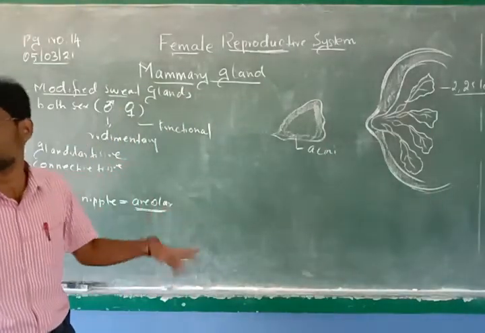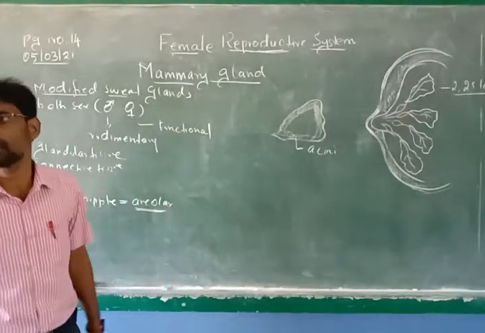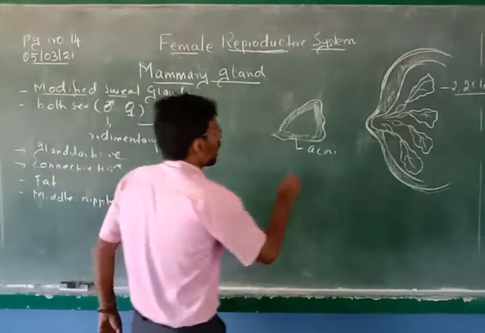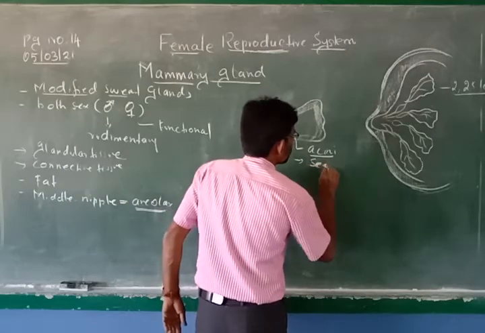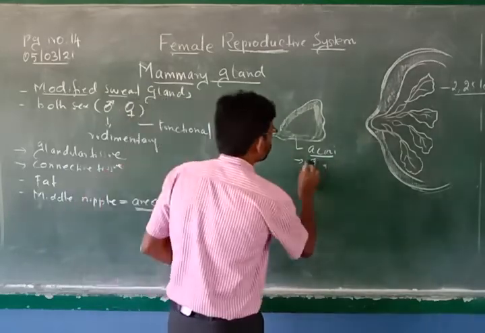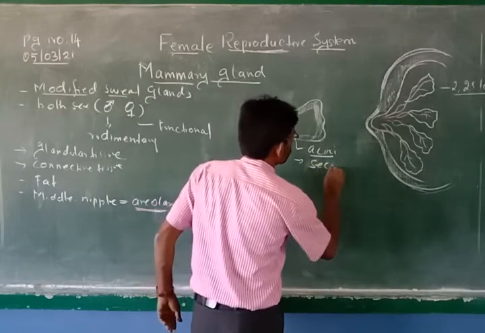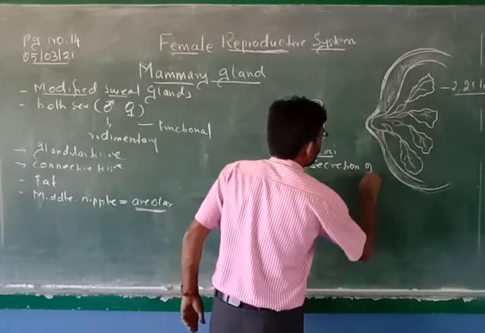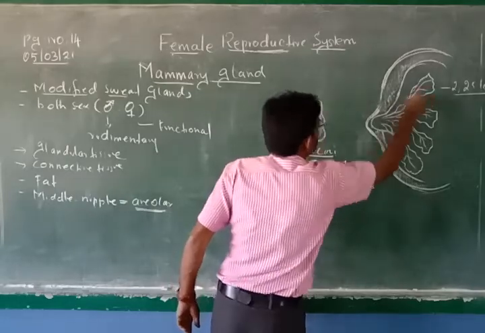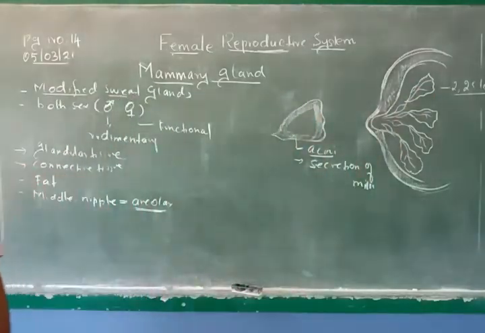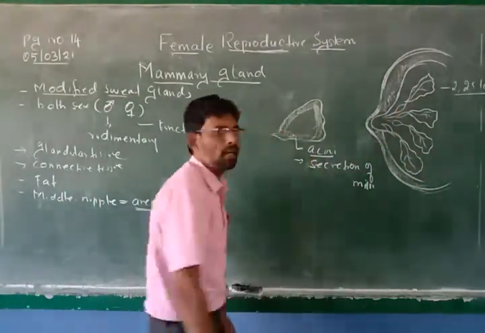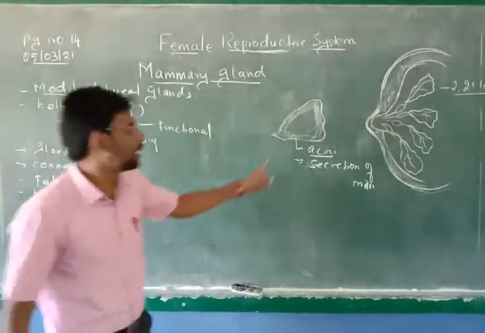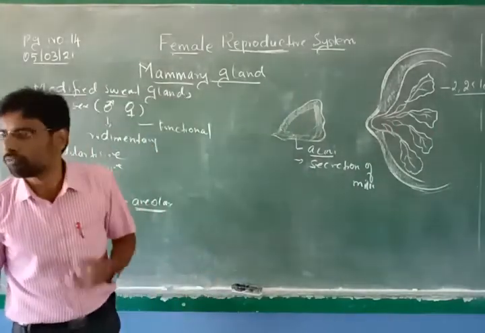Some books say alveoli, some books say acini. This acini has the capacity of secretion of milk. So inside these lobes, every lobe has a lining layer of cells called acini or alveoli, which secretes milk.